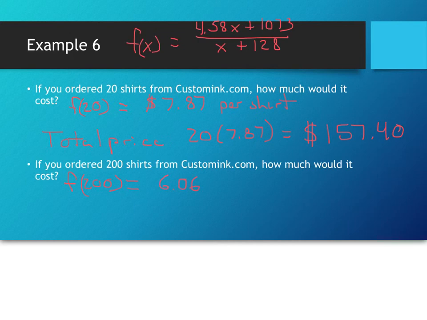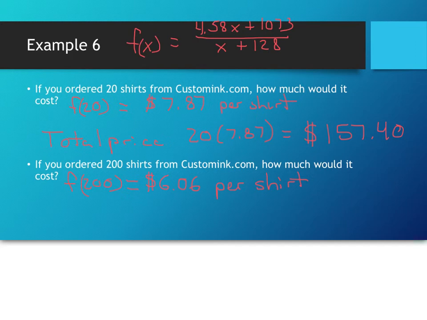Again, I'm rounding this to the nearest penny. And notice that's almost $2, more precisely $1.80, less than the per shirt price when we ordered 20. So you get a much better bang for your buck if you order 200 of them.